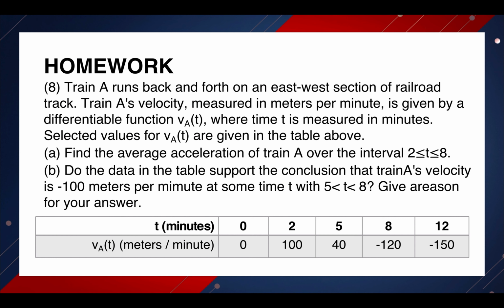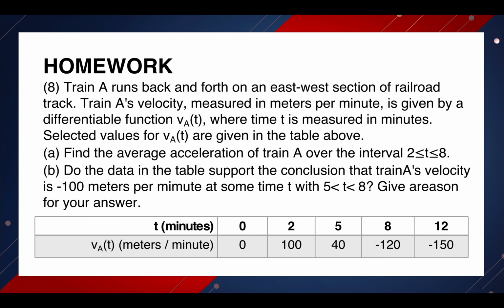A. Find the average acceleration of train A over the interval 2 ≤ t ≤ 8. B. Do the data in the table support the conclusion that train A's velocity is −100 meters per minute at some time t with 5 < t < 8? Give a reason for your answer.